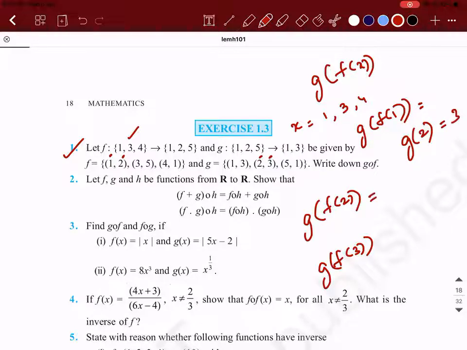Similarly, g of f of 3 is how much? g of 5. But what is g of 5? 1. Then g of f of 4 is g of 1 upper. I hope this is clear. Please copy it.